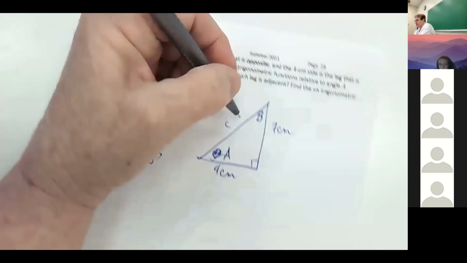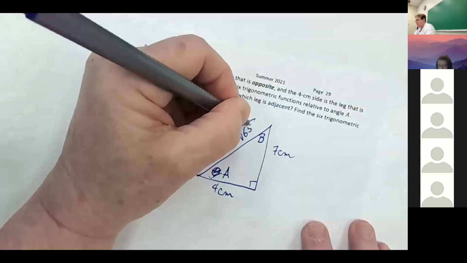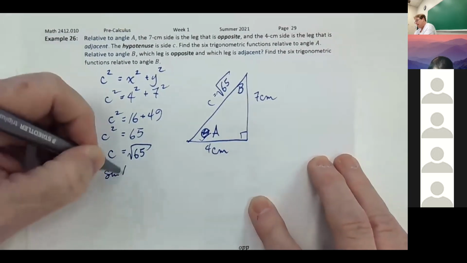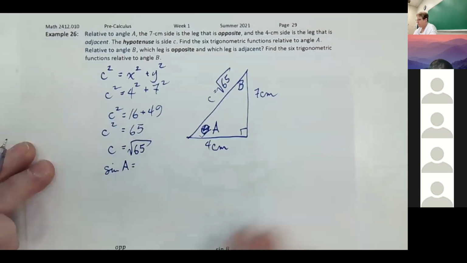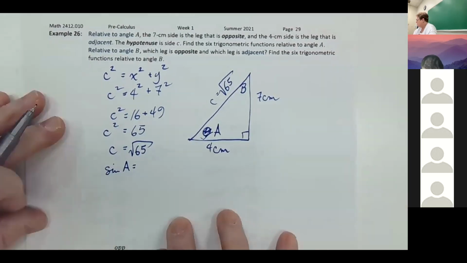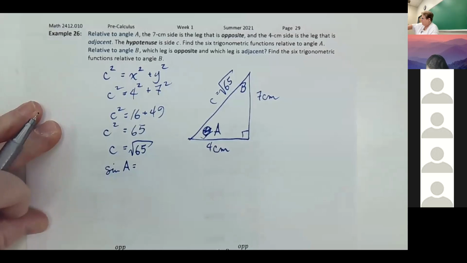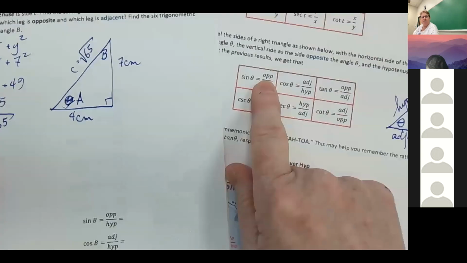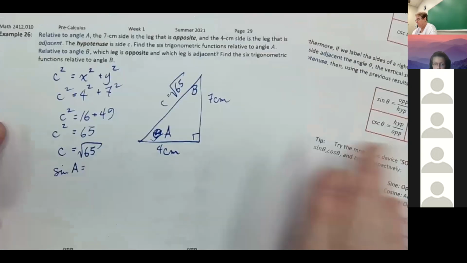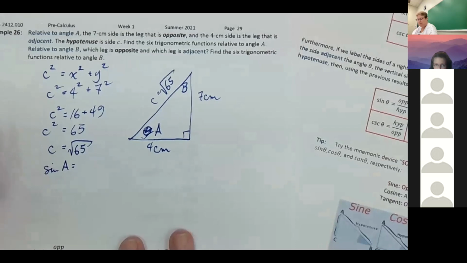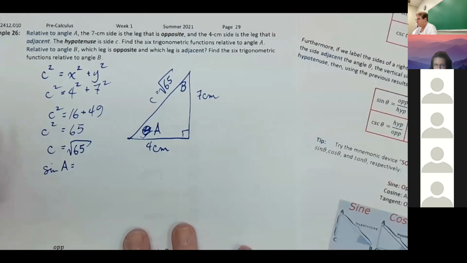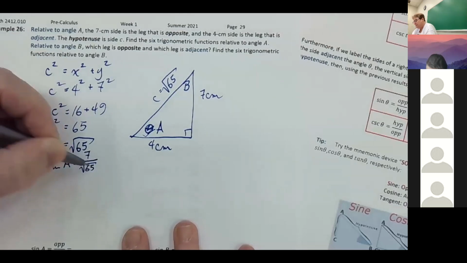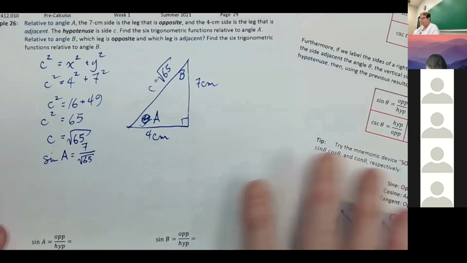Now that we've got all 3 sides, tell me what the sine of A is. Remember, based on triangles, sine is opposite over hypotenuse. Seven over the square root of 65. Good. We're going to rationalize later.